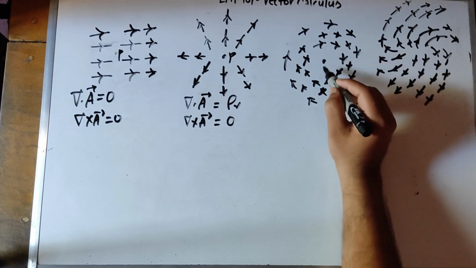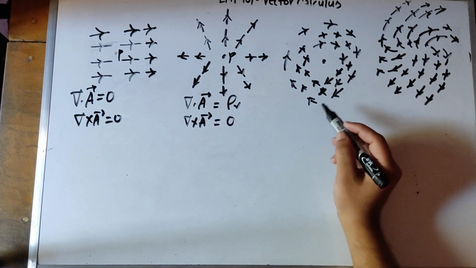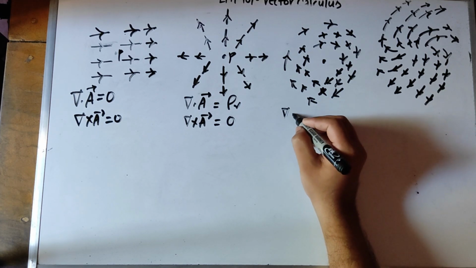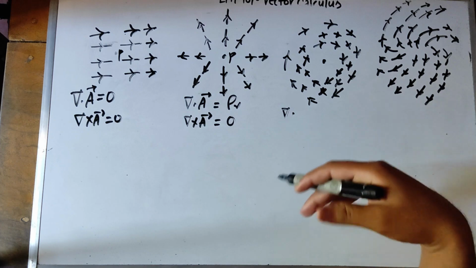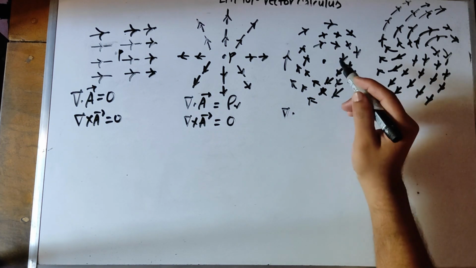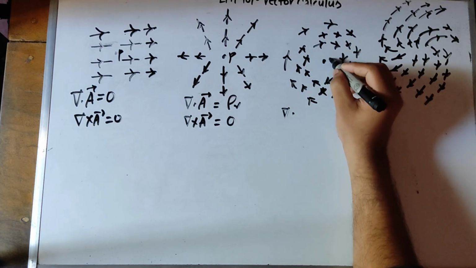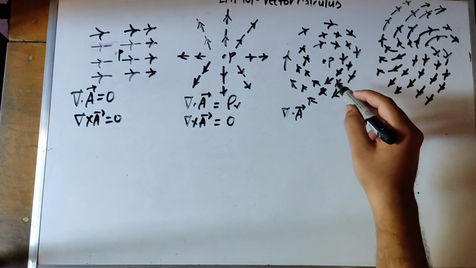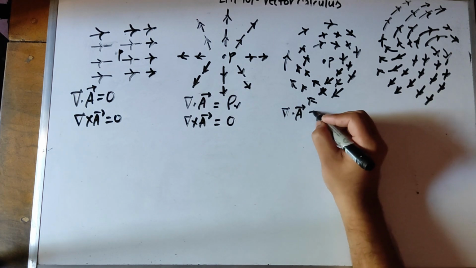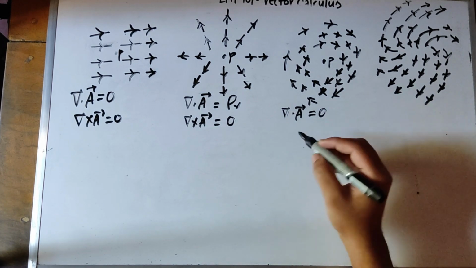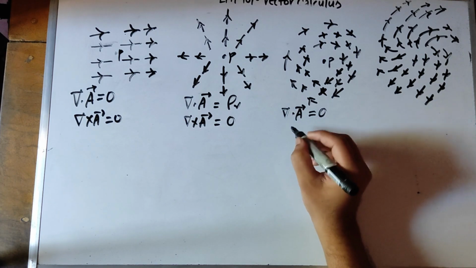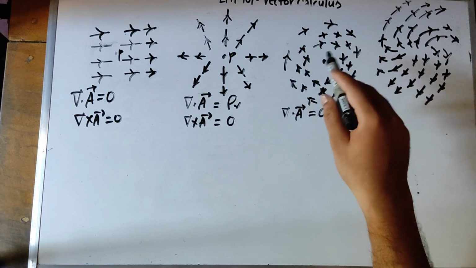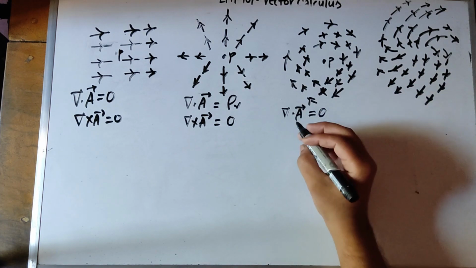So in this field representation, the vector A isn't converging to a point or diverging from a point, say P. So it is not divergent, so the divergence is 0, and for the divergence free part, the curl, there's local rotation through the surface of this vector field.